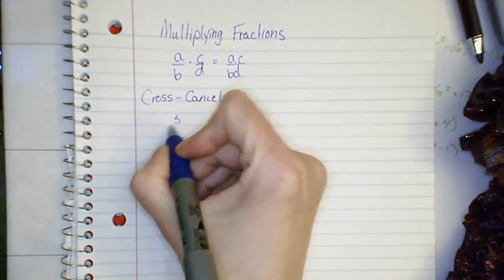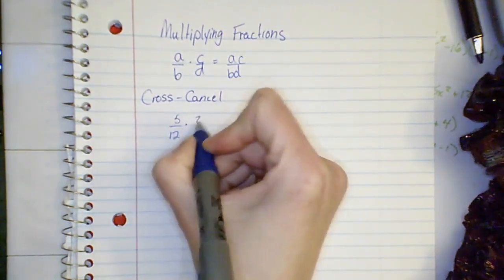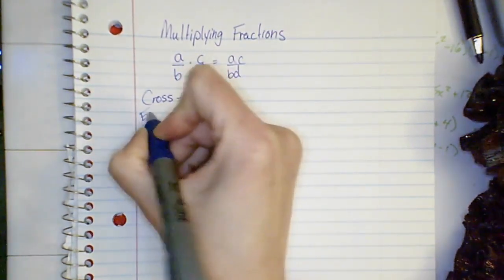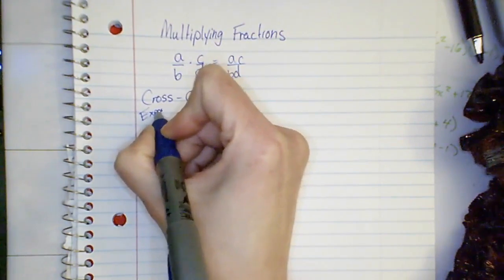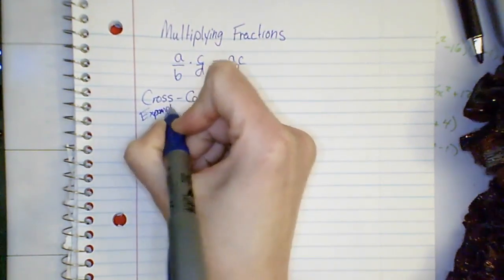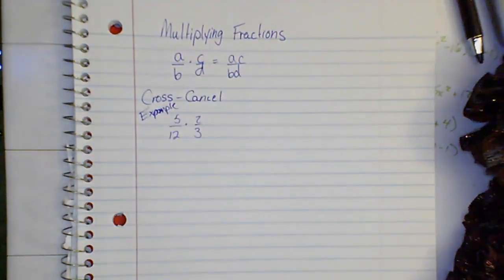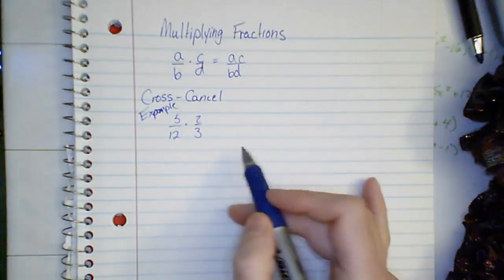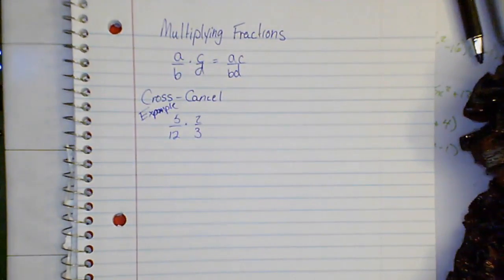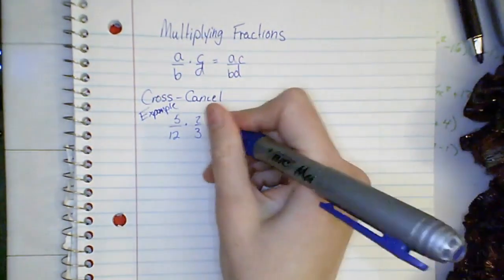So 5 over 12 times 2/3. This is our first example. Before we multiply across, which would be 10 over 36, which we would have to then reduce, we are going to cross cancel.